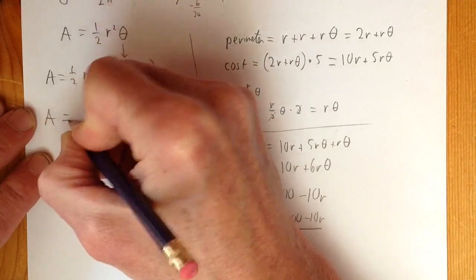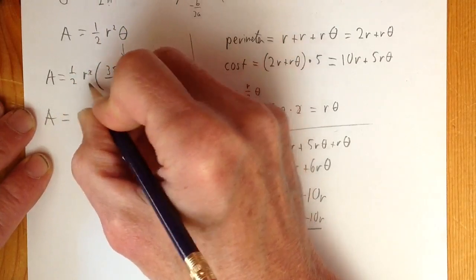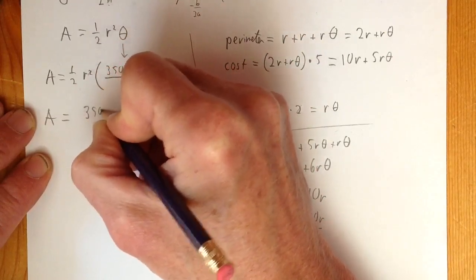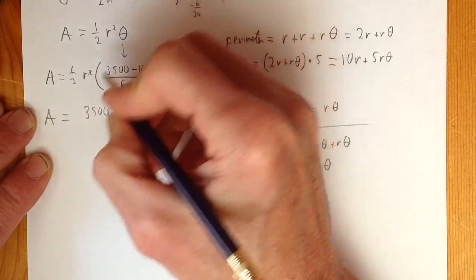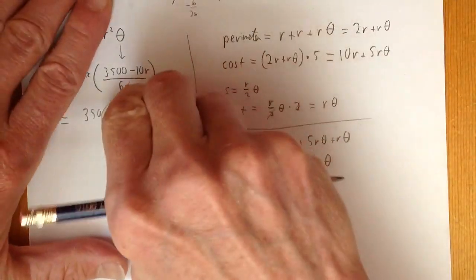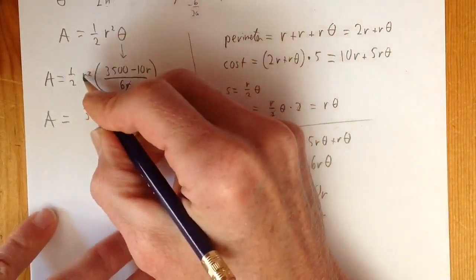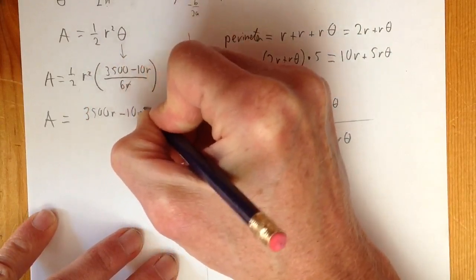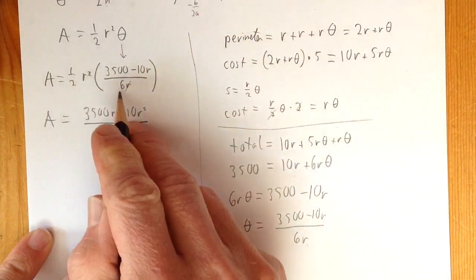So our area is equal to, we have an r in the top left, so it'd be 3,500 minus 10r. Actually, let me multiply all this by r, because we have that r in the top. Might as well do that in one step. So the r in the top multiplies out to (3,500r minus 10r squared) divided by 12, because 2 times 6 in the bottom is 12.